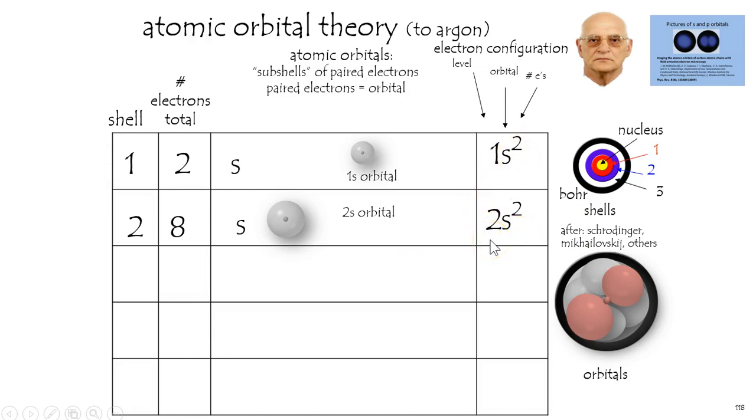Let's think about what we just said. The first 2 electrons, lower energy, go closer to the nucleus in a spherical region with equal probability. The next 2 electrons go in the next orbital, which is in the second shell. There are also 3 other subshells that have an unusual shape.